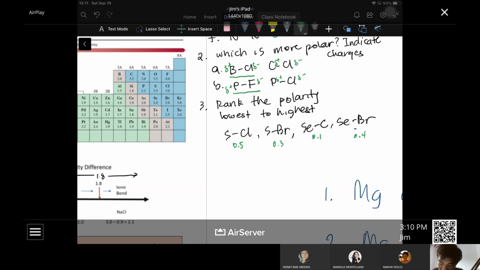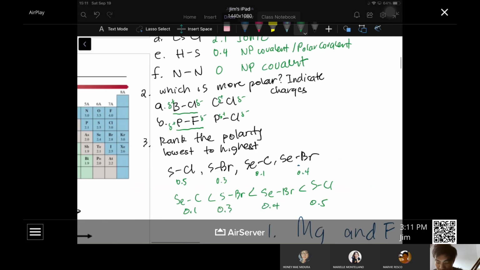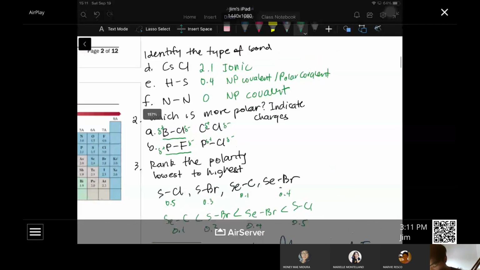Ang ranking ay selenium carbide, then sumunod si sulfur bromide, sumunod si selenium bromide. Then, lastly, sulfur chloride na. 0.1, 0.3, 0.4, and 0.5. So, these are our answers na.